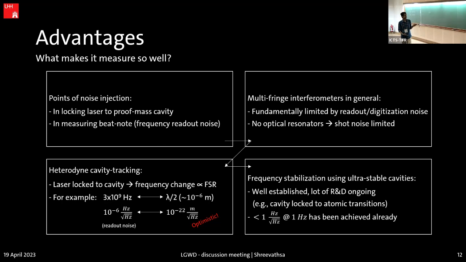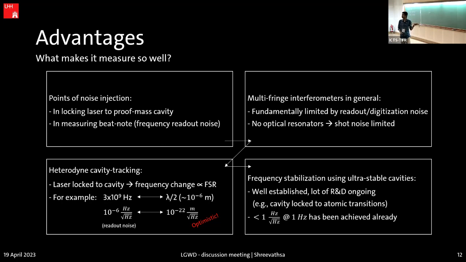So for example, a frequency change of 3 gigahertz corresponds to a length change of half a wavelength, so some micrometer, and we can measure frequency well of that order. The resolution is of the order of microhertz per square root of hertz.